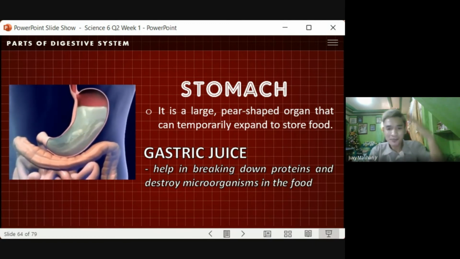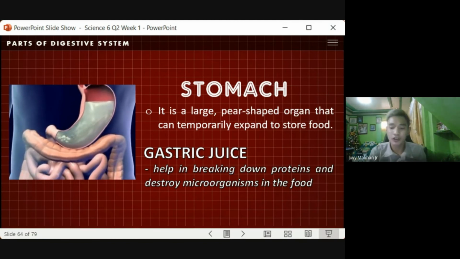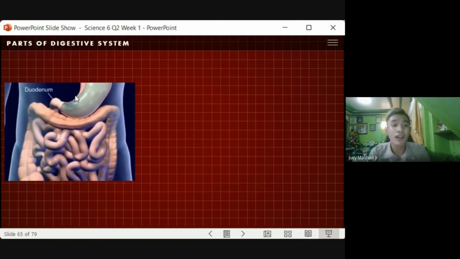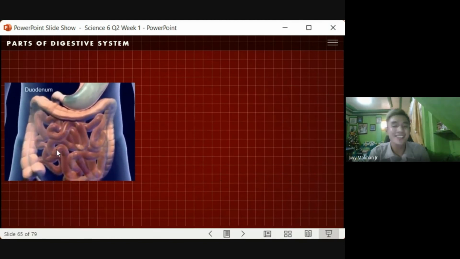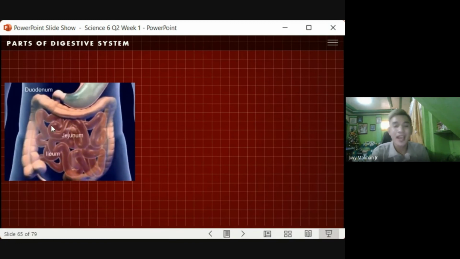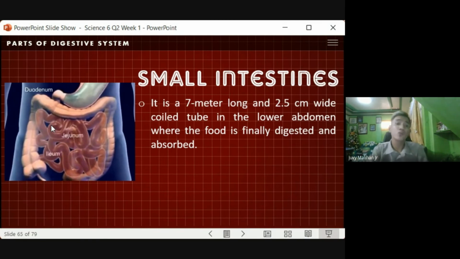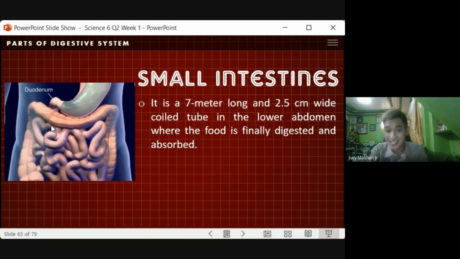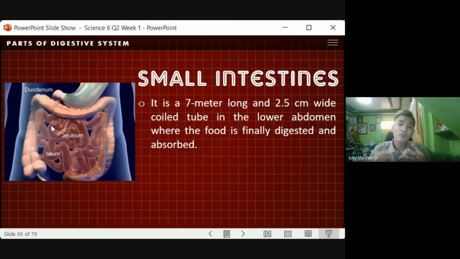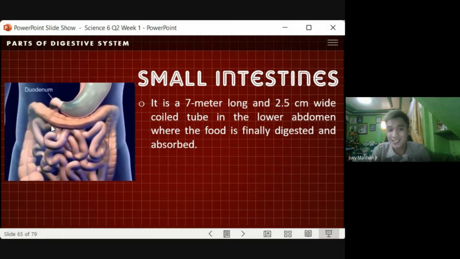Now, from the stomach, class, the food goes to the small intestines. These are the small intestines, a 7-meter long and 2.5-centimeter wide coiled tube in the lower abdomen where the food is finally digested and absorbed. Most of the digestion takes place in the small intestine.